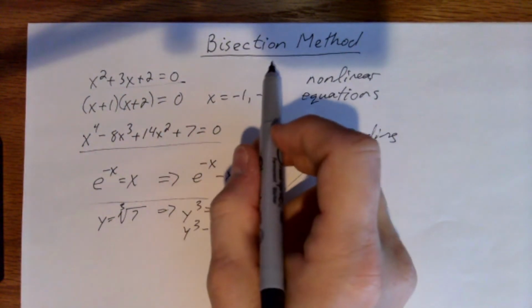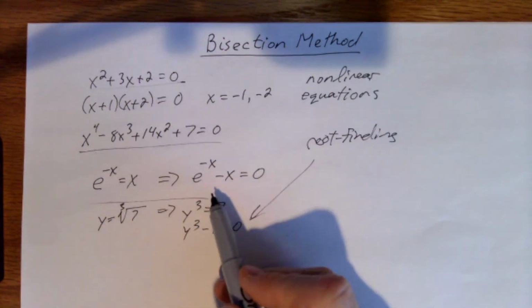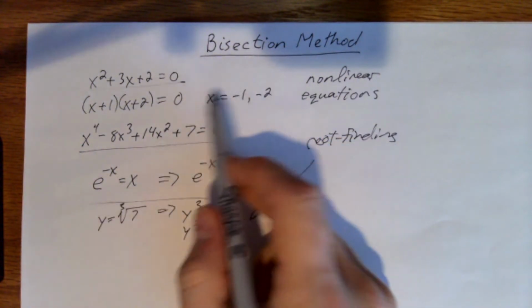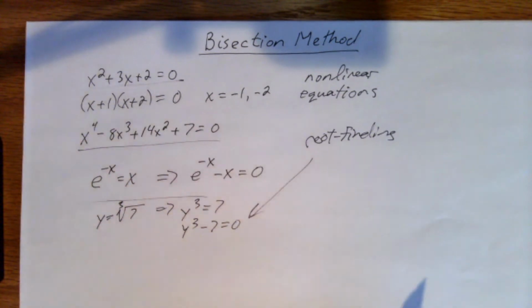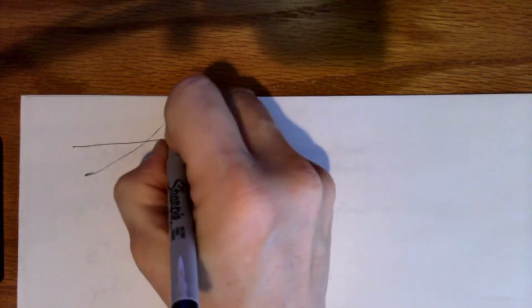So this same method can be used to solve problems that on the surface don't appear to be about finding roots. We just have to think about the problem differently. So what's the underlying idea here? Well, let's say that we have the x-axis, and we have this function, f.